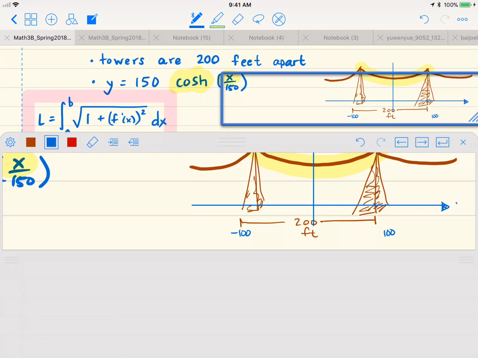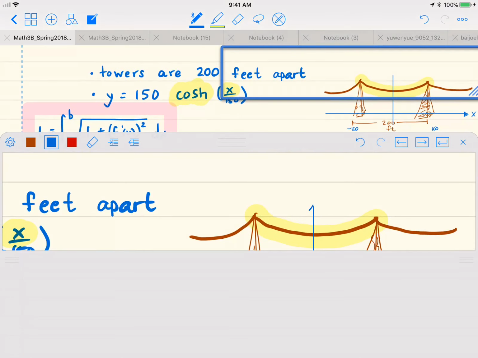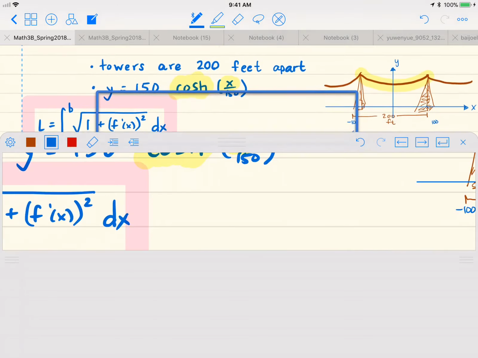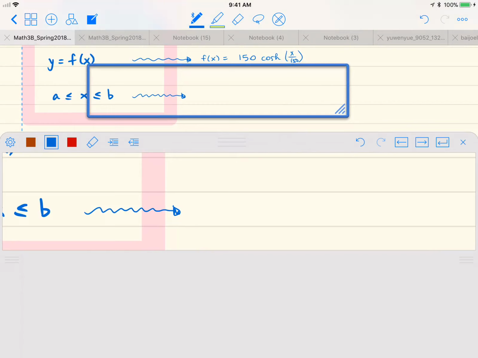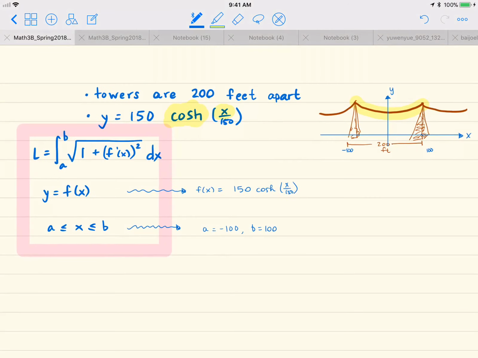So imagine this is the x-axis and this is the y-axis. Okay, so we can let x vary between negative 100 and 100. So a is negative 100, b then can be 100.